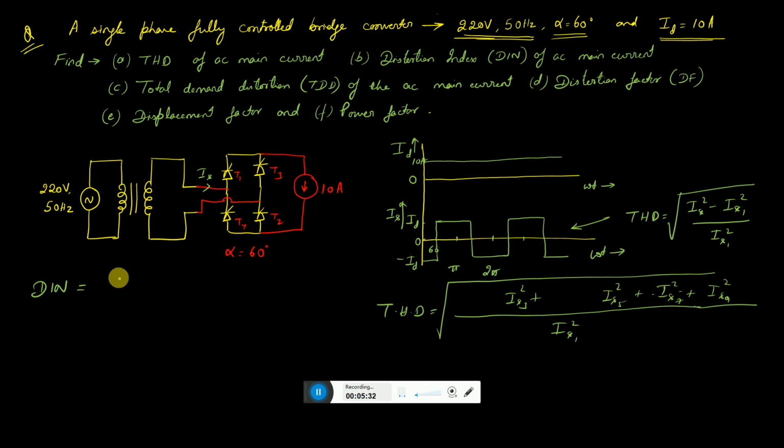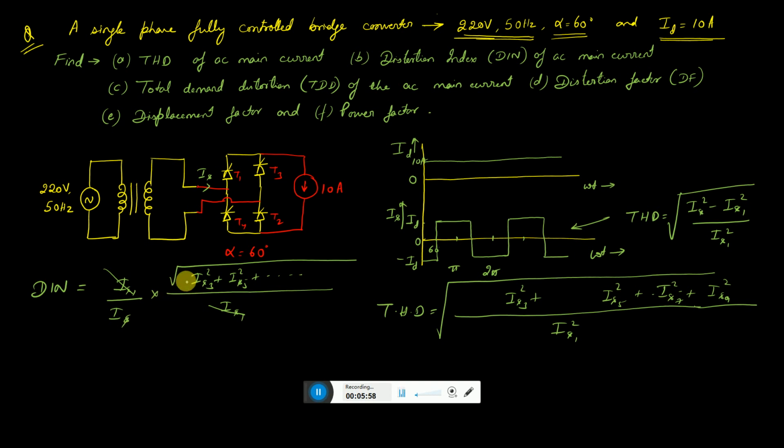That means I can rewrite the THD as the root of Is3 square, Is5 square, and so on, divided by Is1. If I multiply this with Is1 divided by Is1, the Is1 will cancel out.